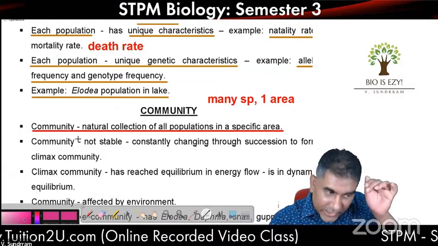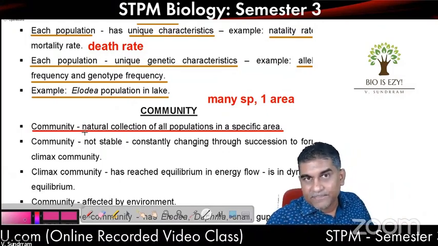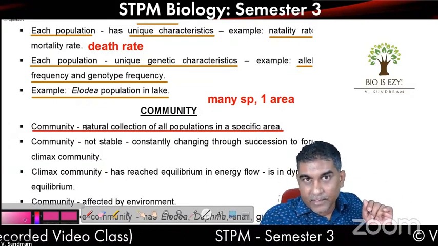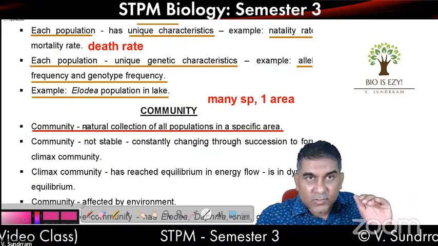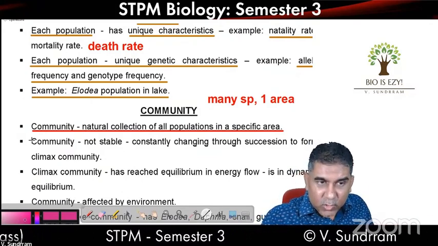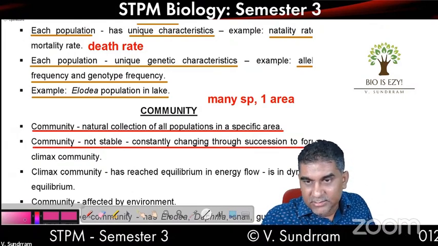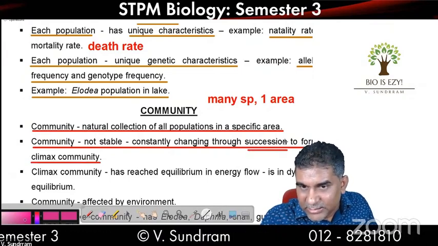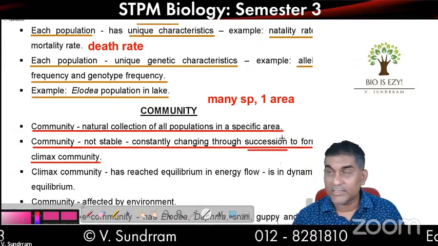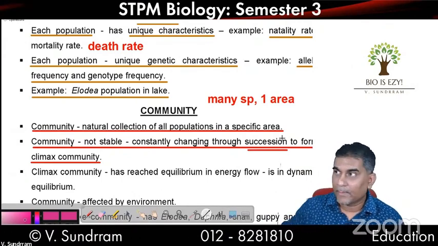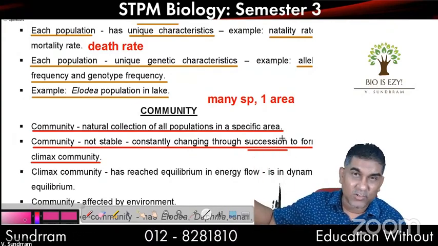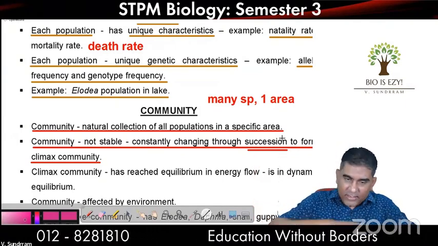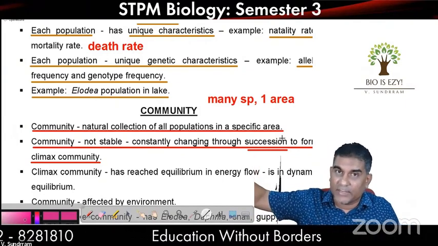There is an explanation in the same chapter. We need to know the characteristics of a community. One other characteristic that you are going to learn is that the community is always changing through a process called succession. Now, succession is something you did learn in Form 4, mangrove swamp: Avicennia, Sonneratia, Rhizophora, Bruguiera. I don't know whether you remember or not. But there is an explanation of how an empty land slowly becomes a tropical rainforest.